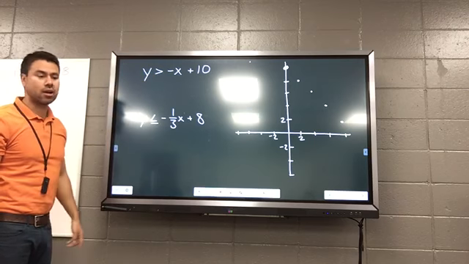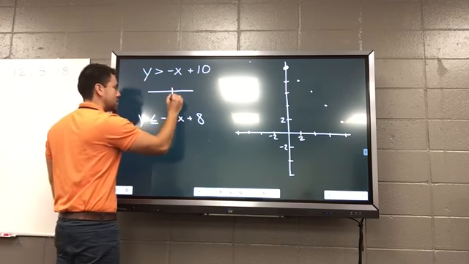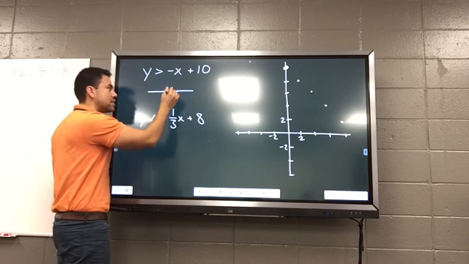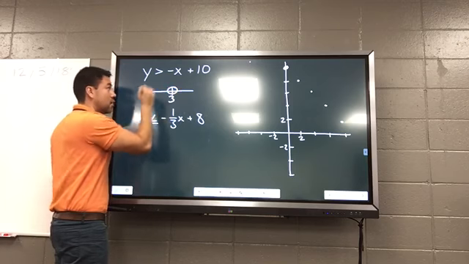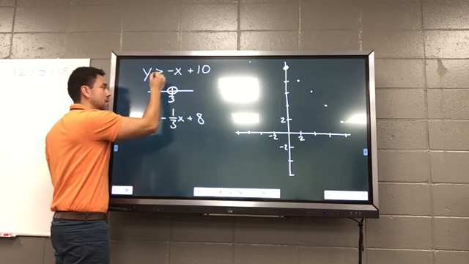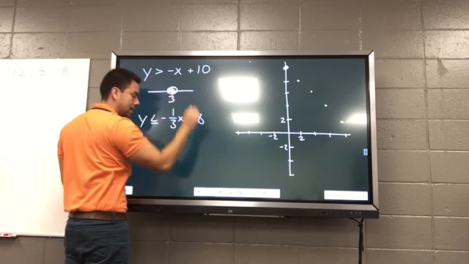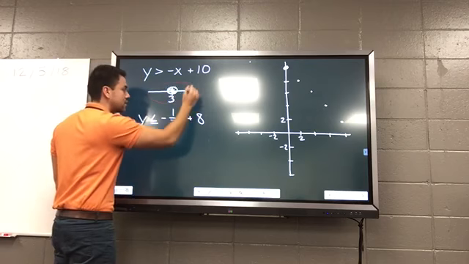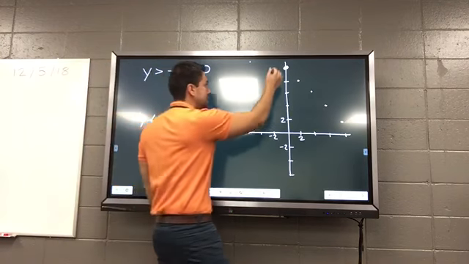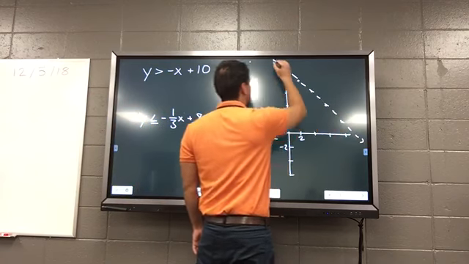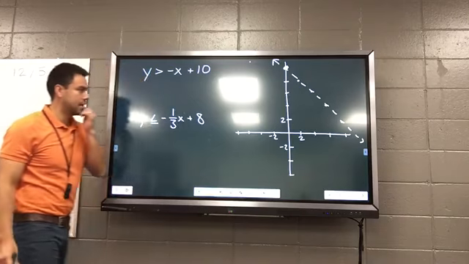Do you remember your number line graphs where it was open and when it was closed? When is it an open circle? When there's no equal to sign. When is it a closed circle? When there is an equal. It's the same thing there. So we're going to call this an open line, and it's dashed. And then draw your little arrowheads.